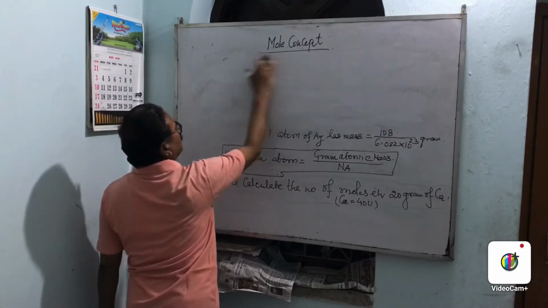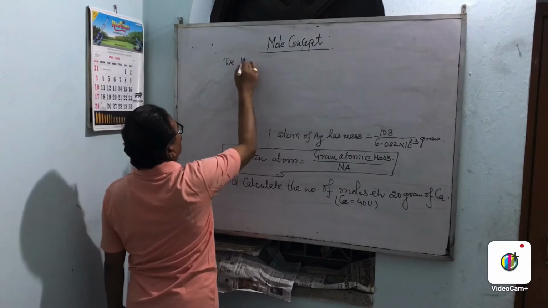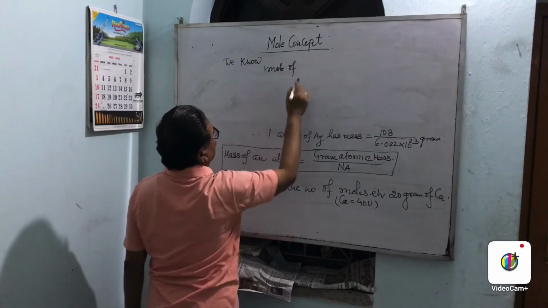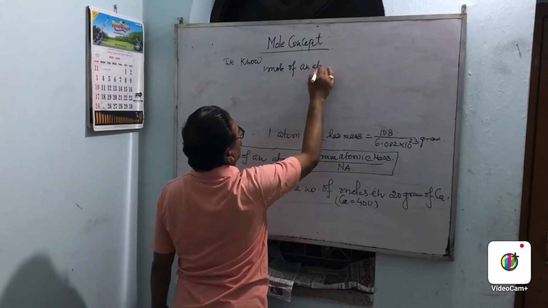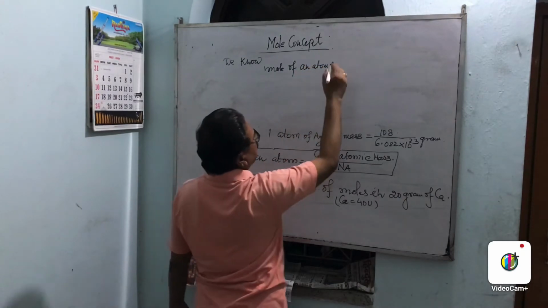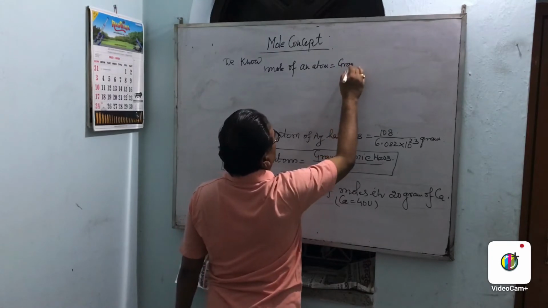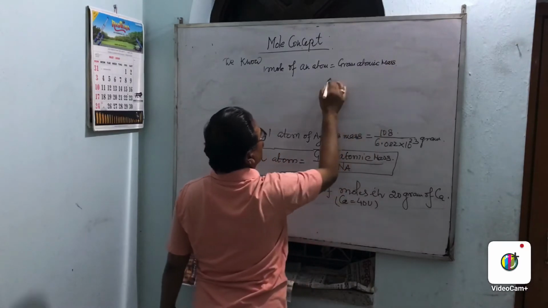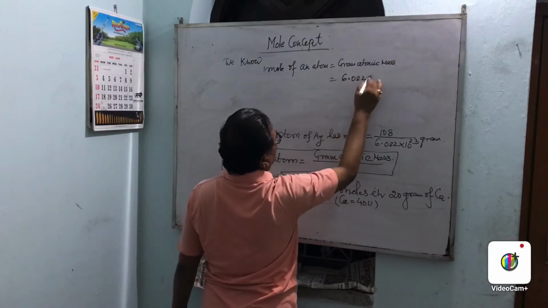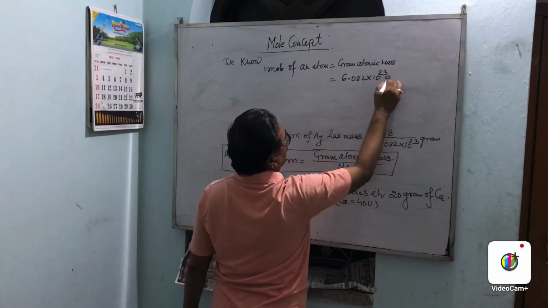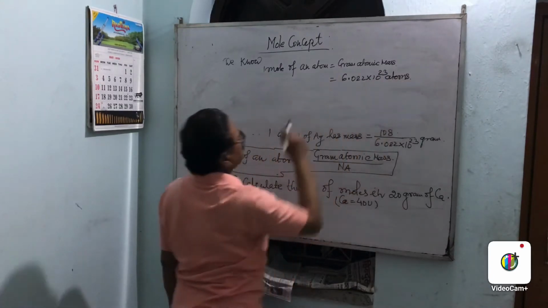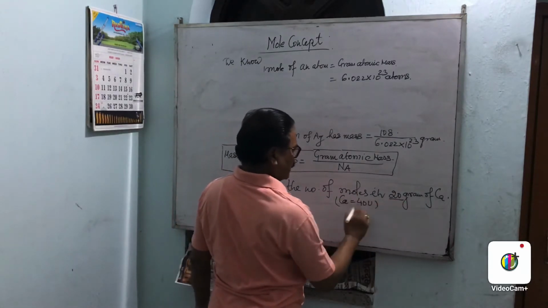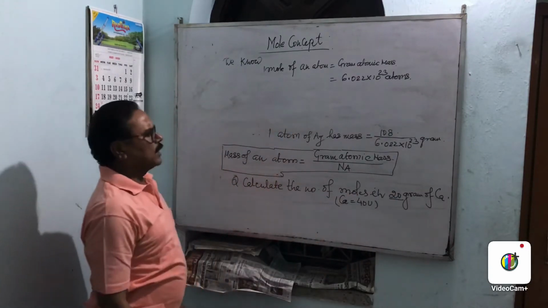We know that 1 mole of an atom is equal to gram atomic mass, which is equal to 6.022 into 10 to the power 23 atoms. So we have to calculate the moles in 20 gram of calcium.